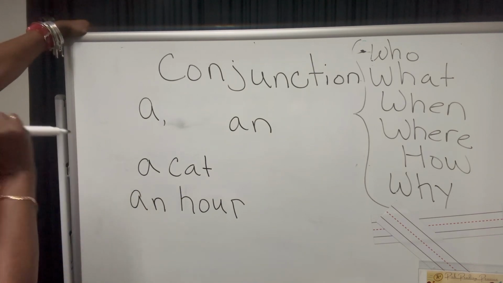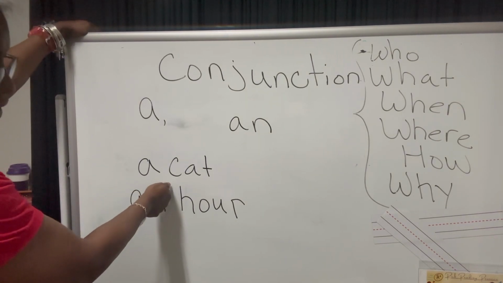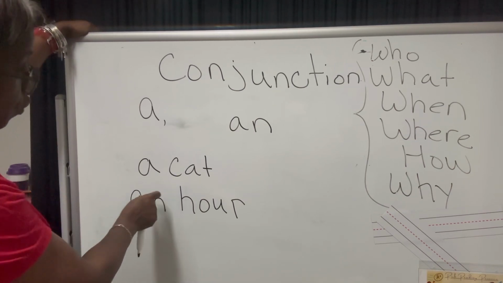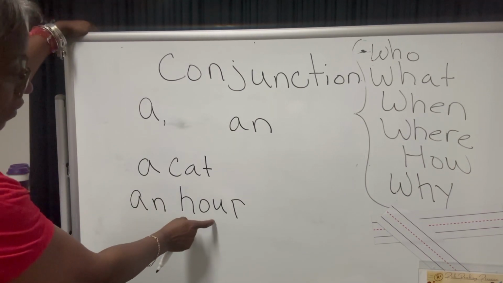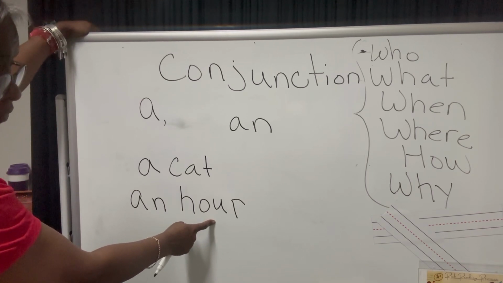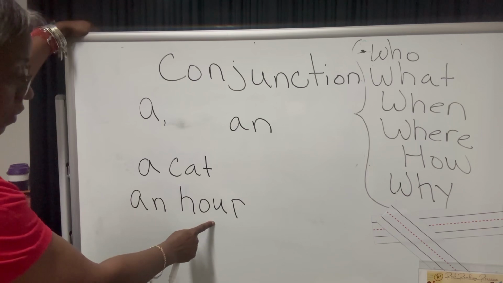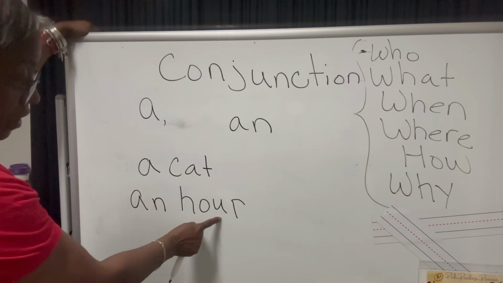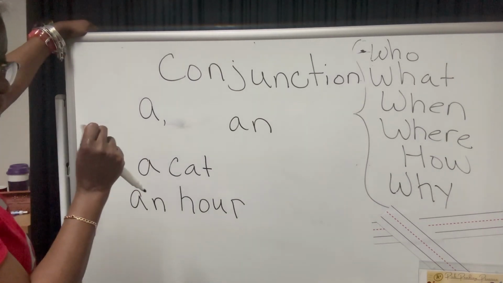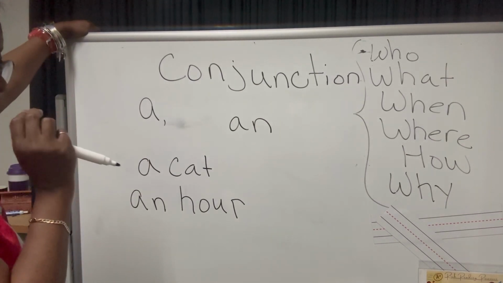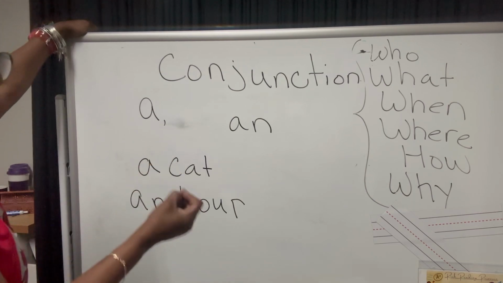So if the word after the article is a consonant, you use A. If the word after the article is a vowel, in this case, it is still because the H is silent. That's a note. That's like a really good reminder. But you have to practice, guys.